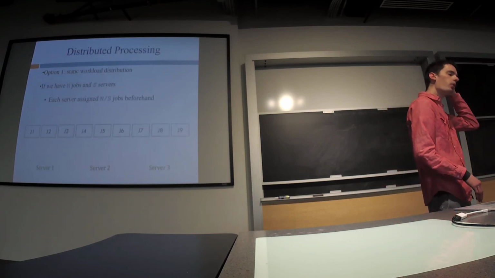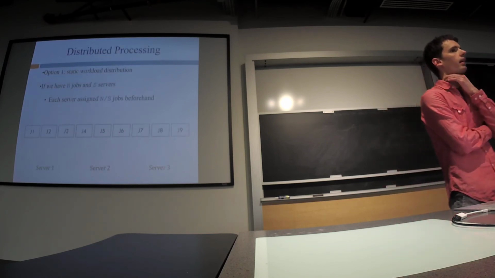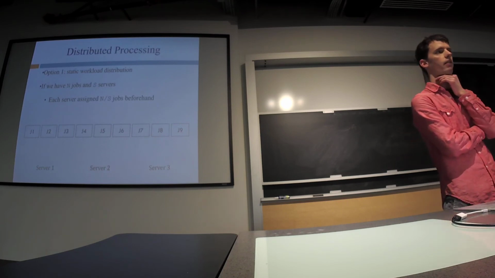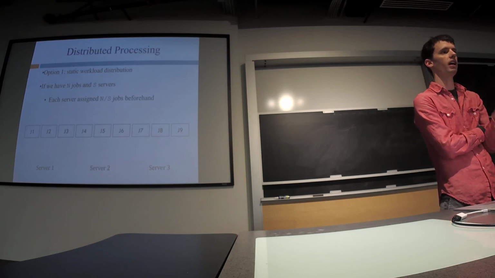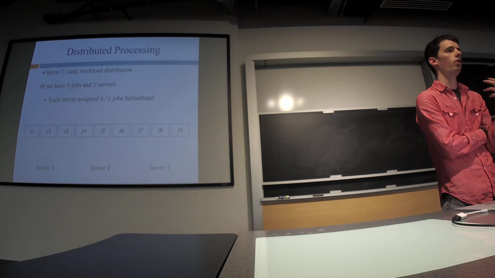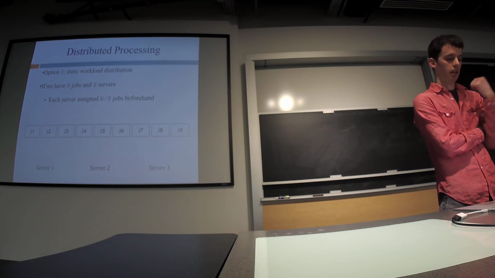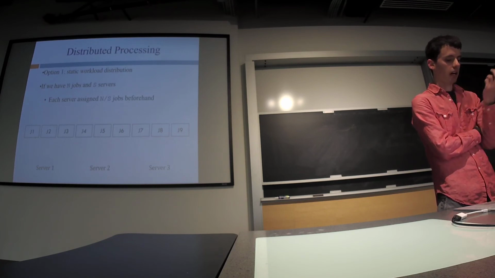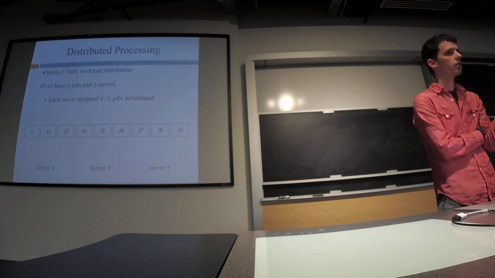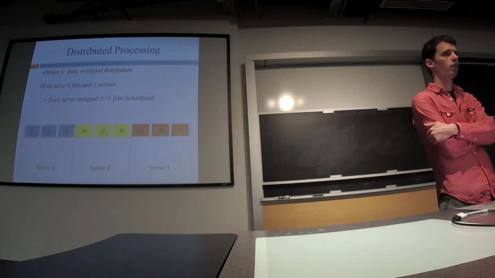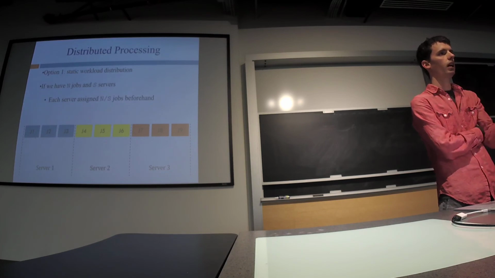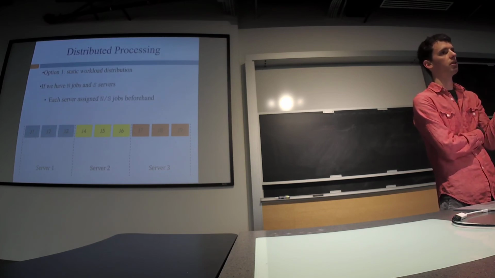Okay, so the basic idea behind distributed computing is you have a giant job that you need to break down into smaller jobs for lots of machines to work on. So say you have n jobs and s servers. The most basic thing you can do is somehow give each server n over s jobs.